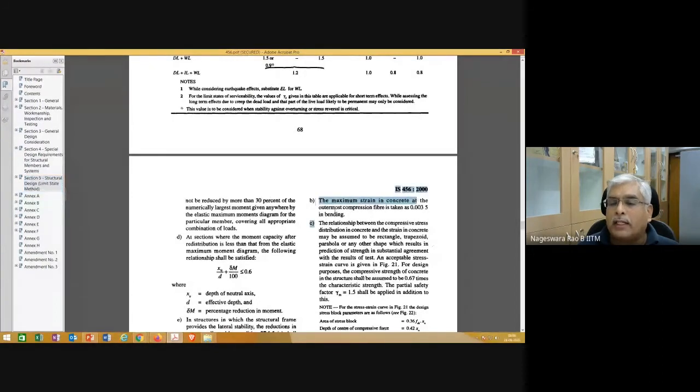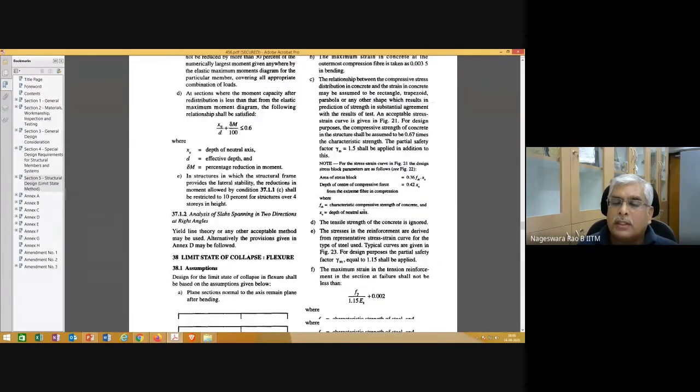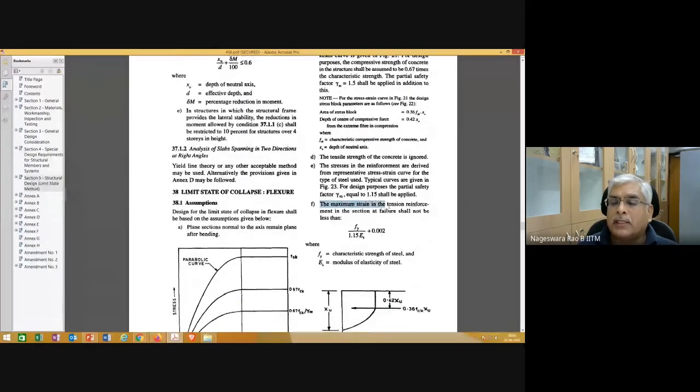Maximum strain in concrete at the outermost compression fiber is taken as 0.0035. So the maximum strain in concrete in the outermost compression fiber under flexure, under bending, as per IS 456, is limited to 0.0035. And also the maximum strain in tension reinforcement in the section at failure shall not be less than 0.87 fy divided by Es, or fy divided by 1.15 Es, plus 0.002.